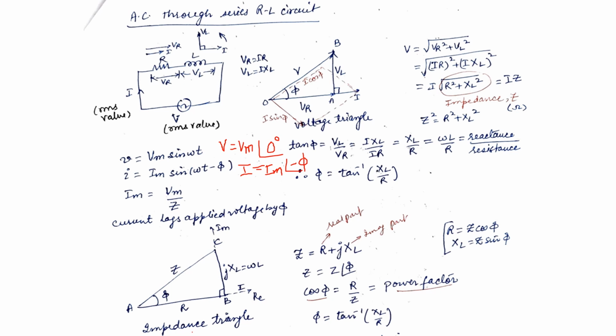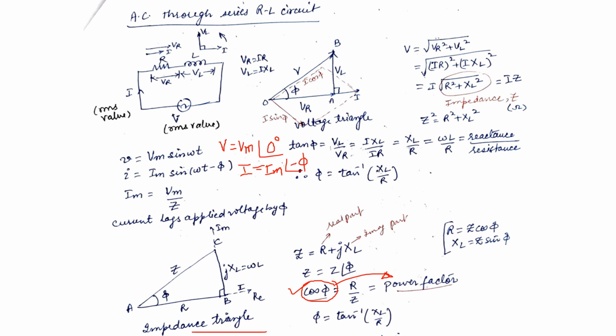Also in the impedance triangle, we have seen one more parameter, that is if you take the cos of this angle phi, this is equal to R by Z. This cos phi is called the power factor of the circuit, right? So we can say that power factor is the cosine of the angle which we have obtained from the impedance triangle.